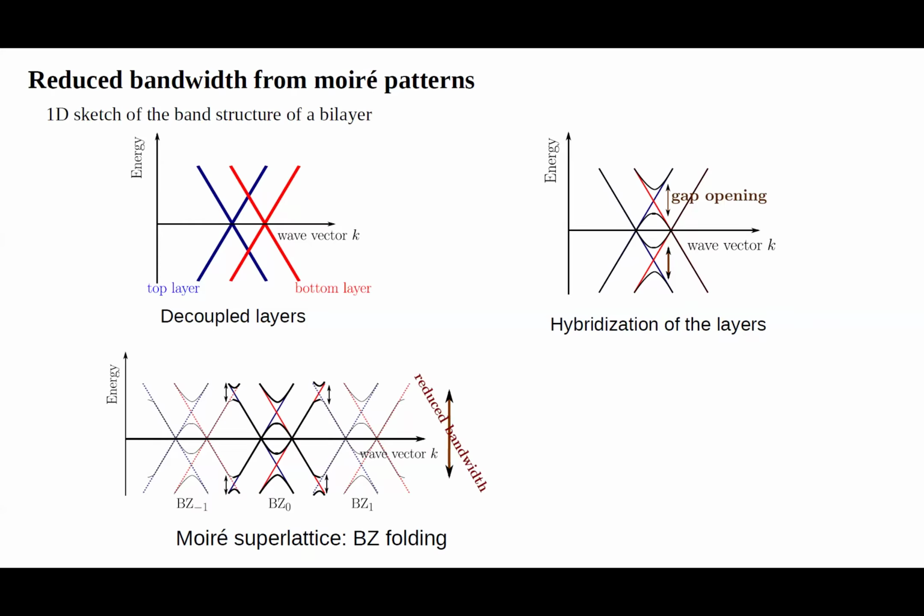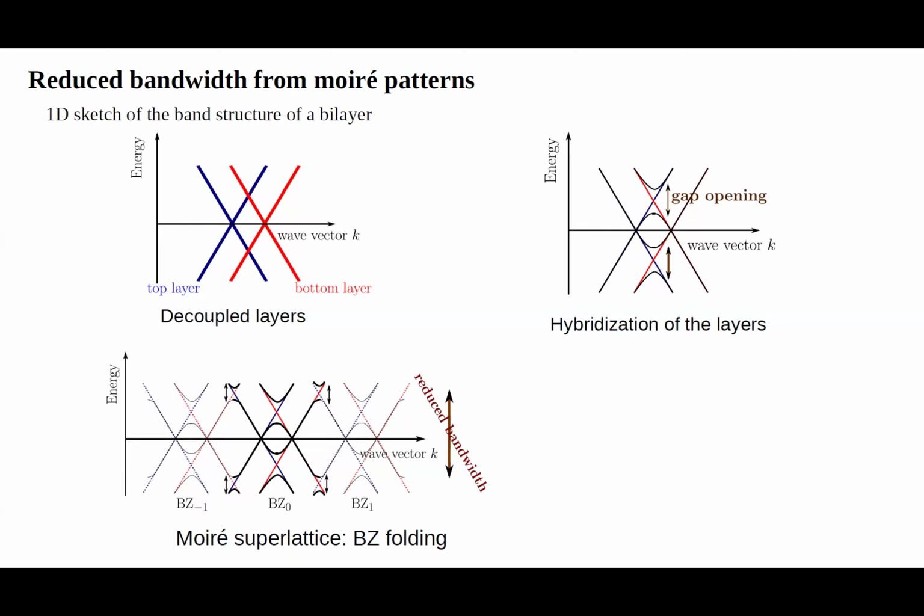And again, this gives me more crossings where there's going to be level repulsion. So at the end of the day, I'm creating many, many bands with some gaps. Maybe they are a bit small, but some gaps.